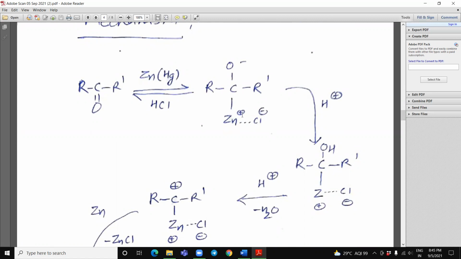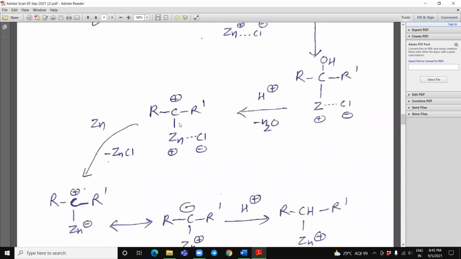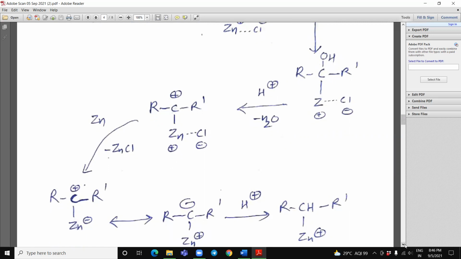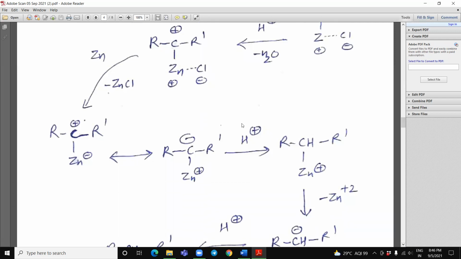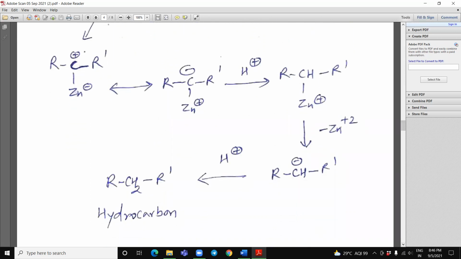It will give electrons, and then on protonation, it will give this product, and then further zinc is removed as zinc salt, and it will give electrons to carbon, and further zinc is removed and it will give its electrons, and finally it will give the hydrocarbon.